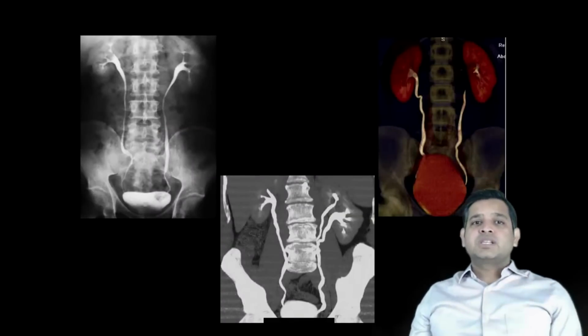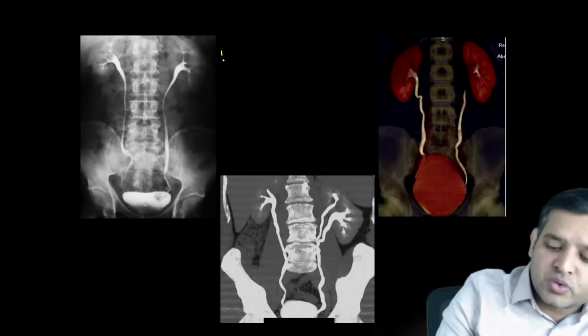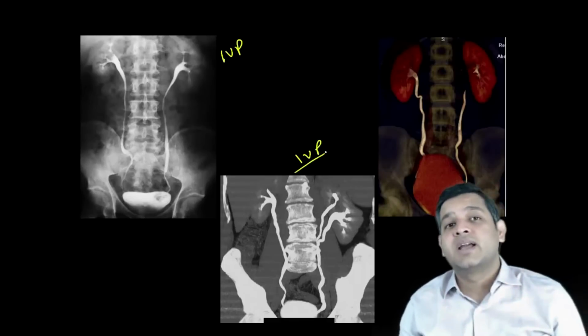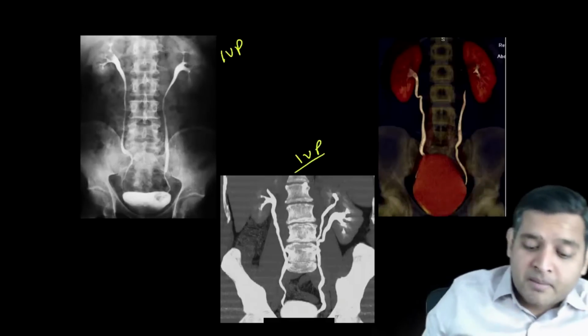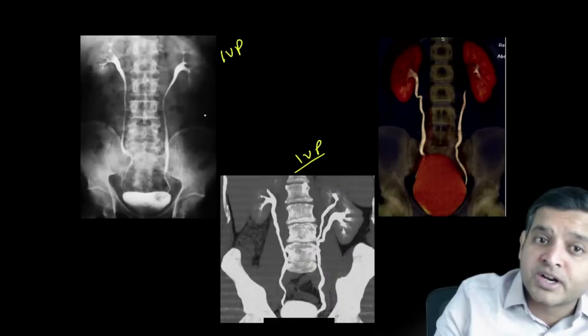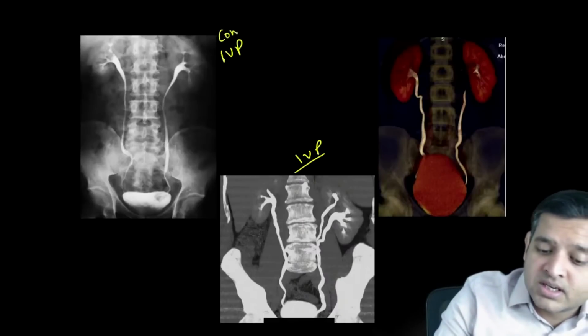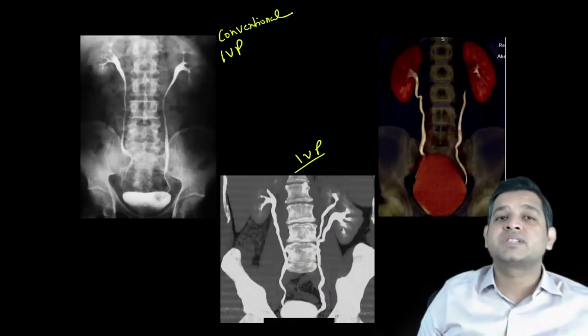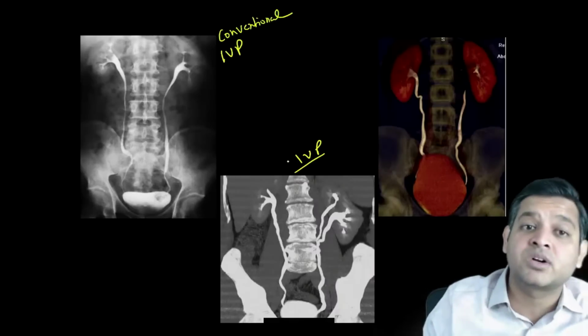Okay. We have already seen these images. I hope it is very easy for you to identify that this is an IVP, as well as this is an IVP. We have done that in our detailed class as well. But this image is in a background of a radiograph, so this is a conventional IVP, whereas this image is in a background of a CT.